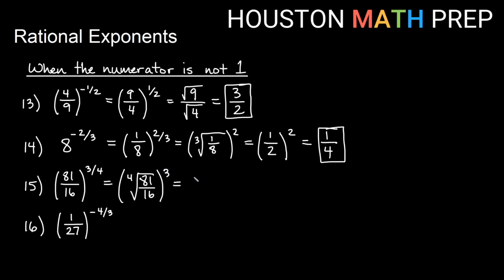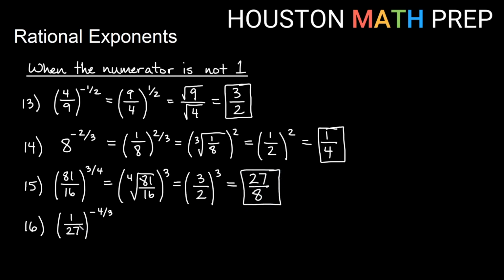So let's do our 4th roots first. So the 4th root of 81, 4 copies of something gives us 81, and that something is 3. And then the 4th root of 16, 4 copies of something gives us 16, that's 2. And now I still have my cube on the outside, right? So I just cube each piece, 3 cubed, that will give us 27. And 2 cubed on the bottom will give us 8.